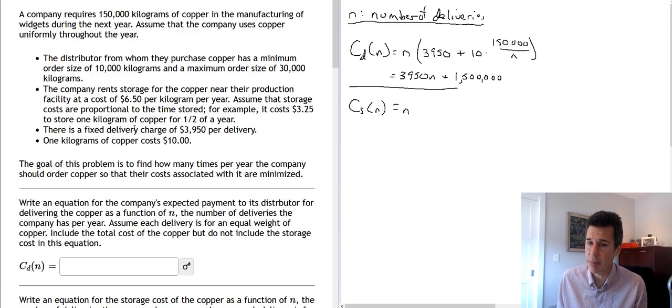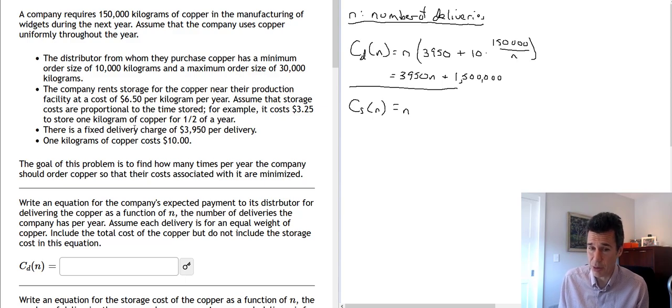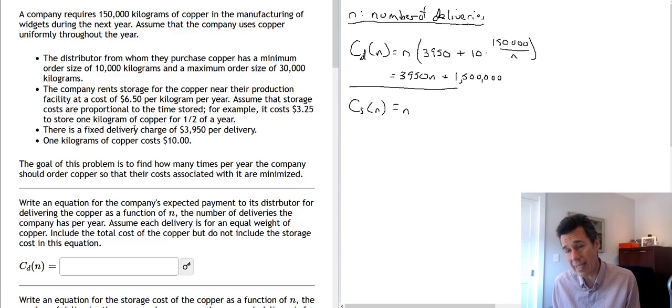The first kilogram gets used immediately. The last one gets used at the very end. The next kilogram is in storage for a pretty short period of time. The second to last kilogram gets stored for almost the entire period, but not quite. And if we think about this carefully, what it means is that each kilogram of copper gets stored for half the time between deliveries.